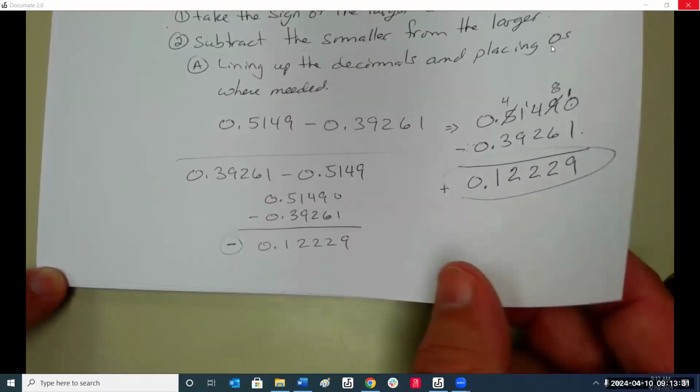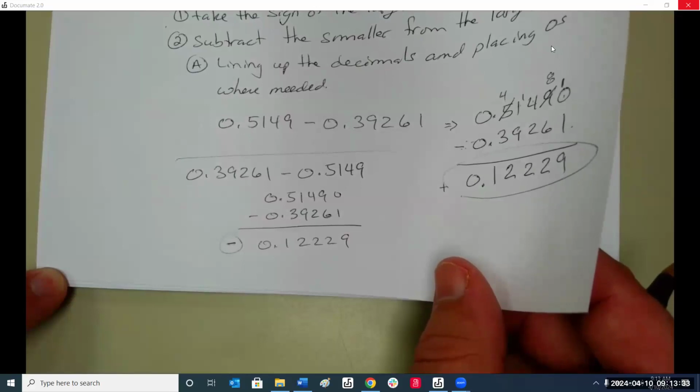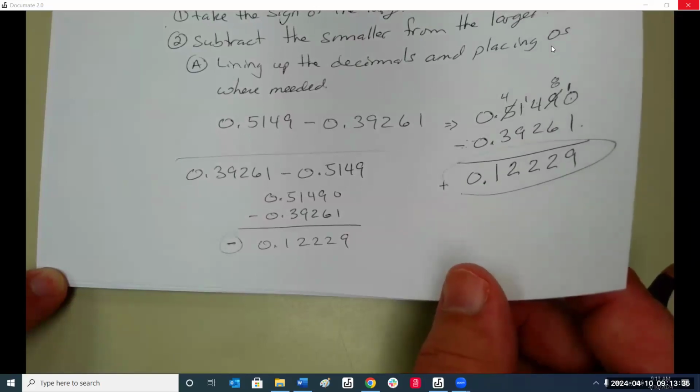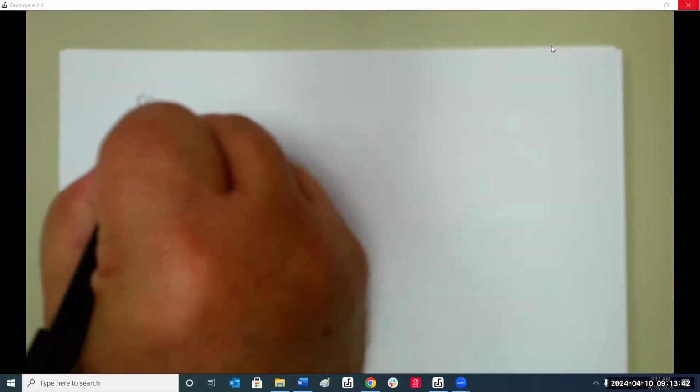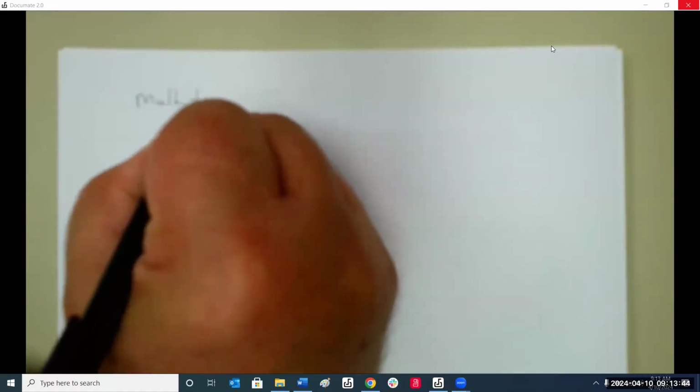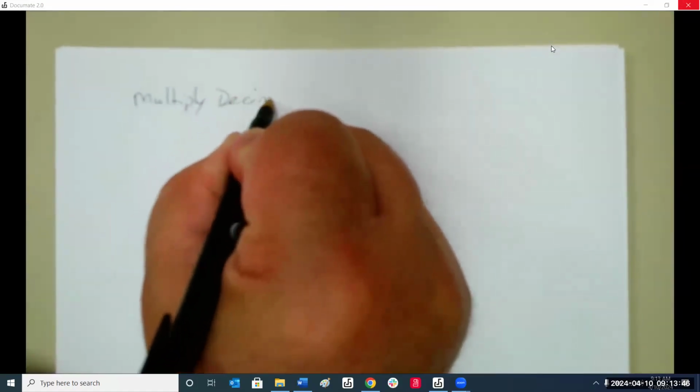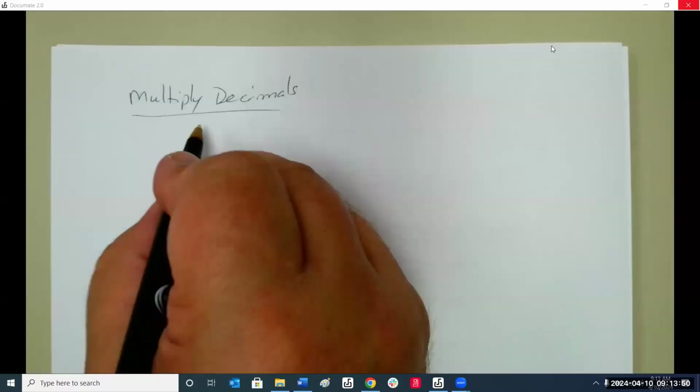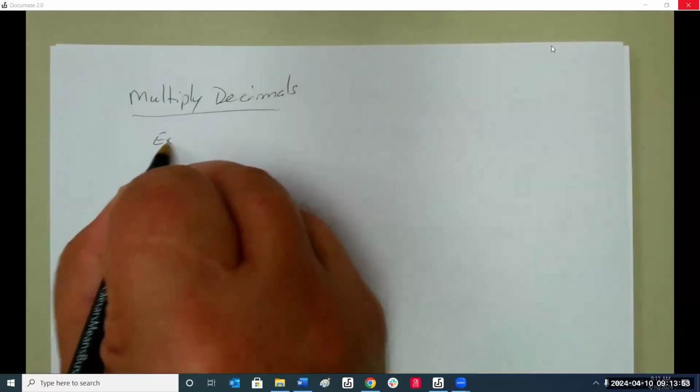That's adding and subtracting. How about multiplying? What's the rule for multiplying decimals? Yes, but there's an easier way. I'll show you. So we'll look at example 1.